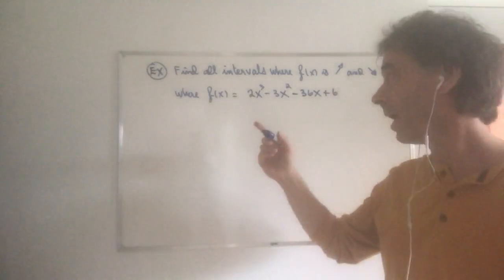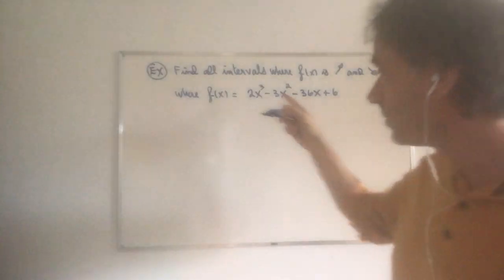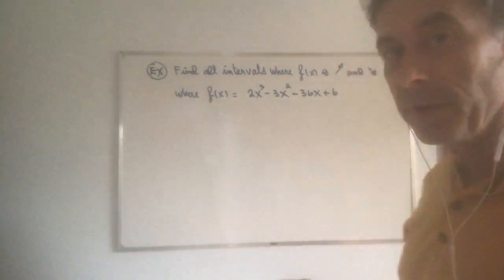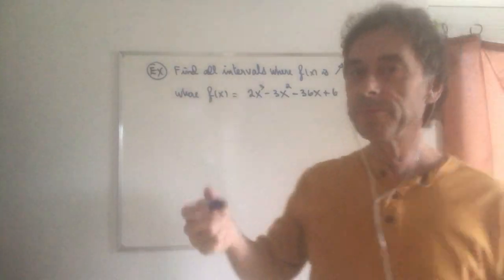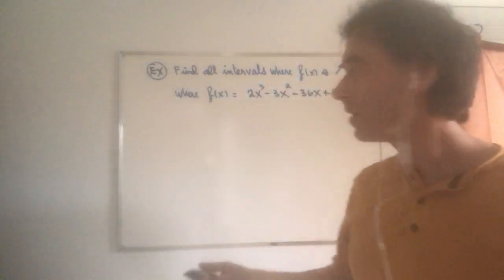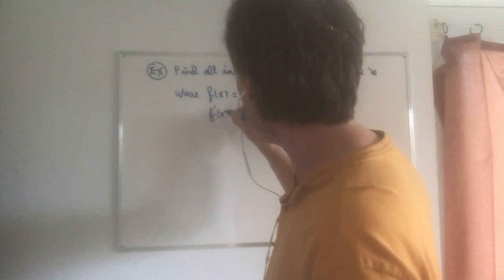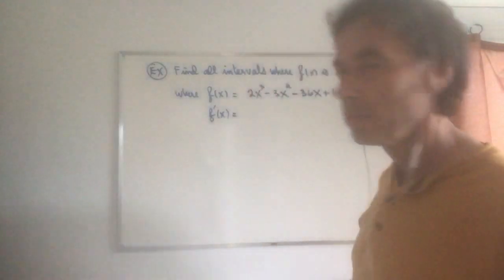I could go to Desmos and sketch this, and then I would have to read the answers. But I'd like to use what we have learned today. That is, when f prime is positive, the function is increasing, and when f prime is negative, the function is decreasing. So let me look for f prime.